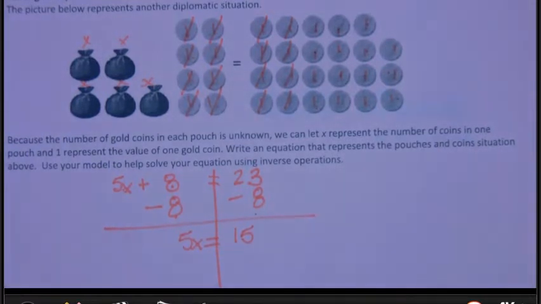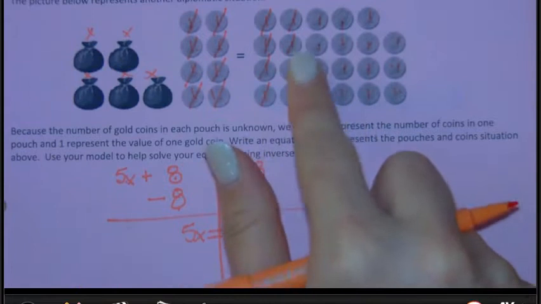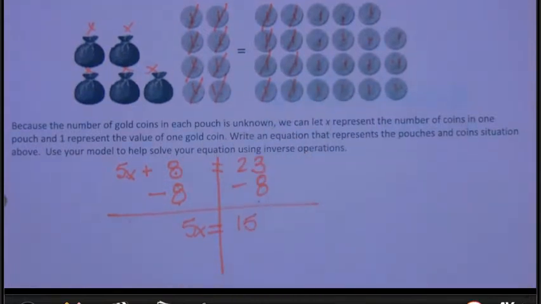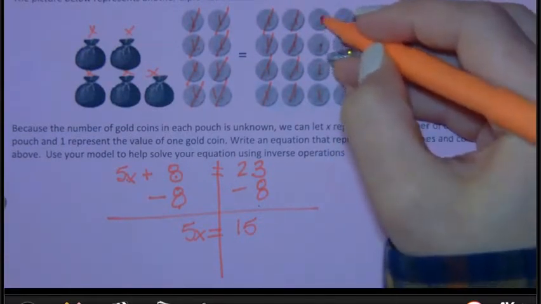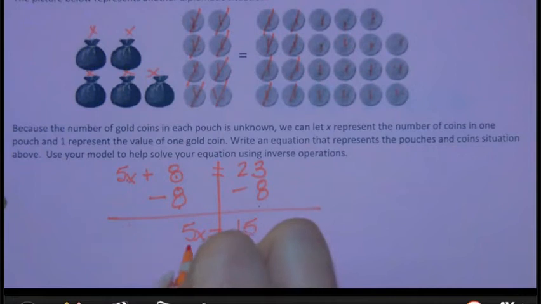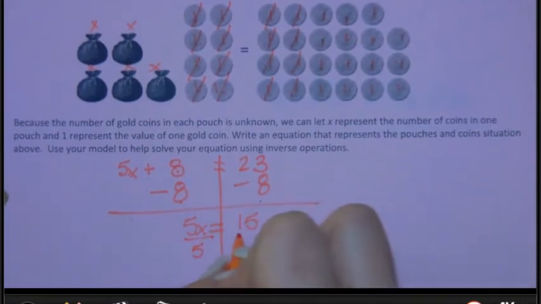Okay, so I still want to know how many coins are going to be in each bag, meaning I need to take these coins and create 5 equal groups. And what you're really doing in your equation is dividing both sides by 5.